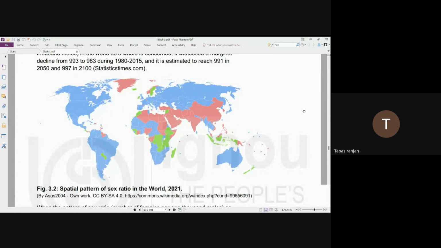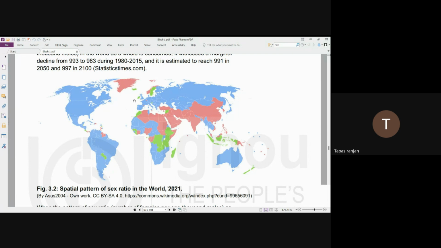So now, in India, I think according to the 2011 census, the sex ratio was somewhere around 941 or 943. I don't remember exactly, but in Scandinavian countries, the number of females per thousand male crosses even 1100.